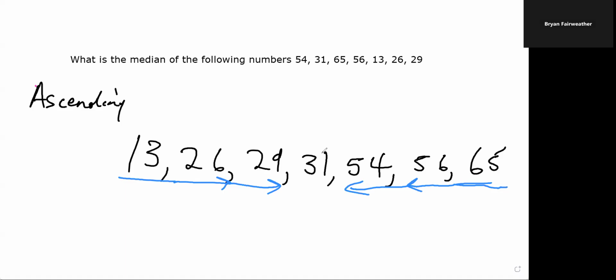And then, sir, the one that cannot be shared between the three groups because there are 7 numbers, so the number would be 31.